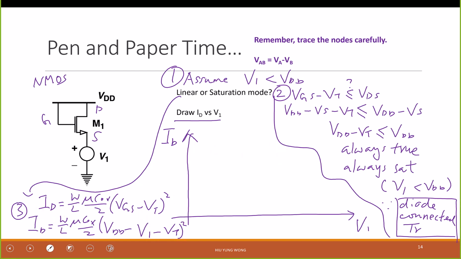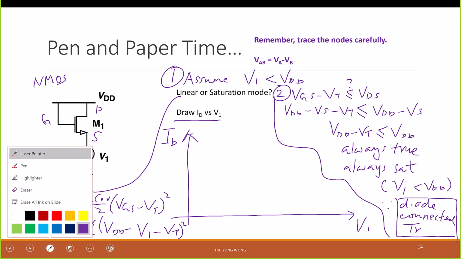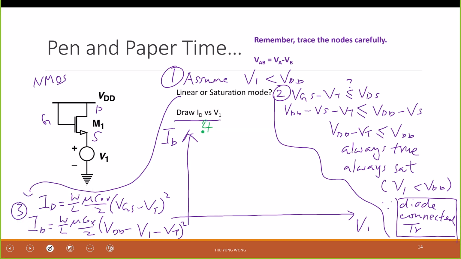Of course, when V1 equals 0, I have a large current, right? This is ID equals W on L mu C ox divided by 2 times VDD minus VT squared, right? Because when V1 is 0, this is large.